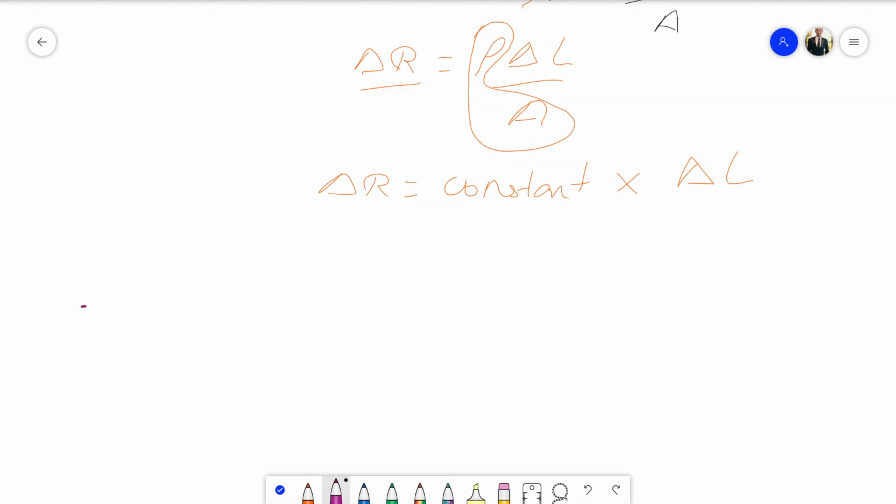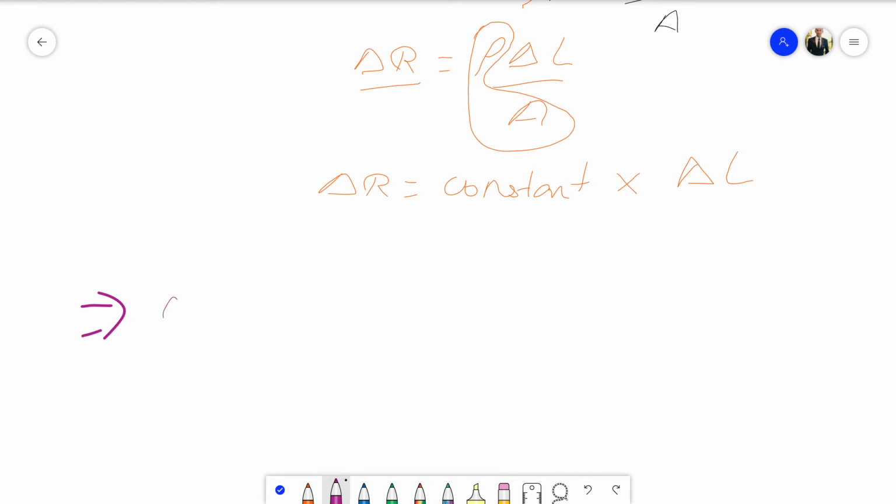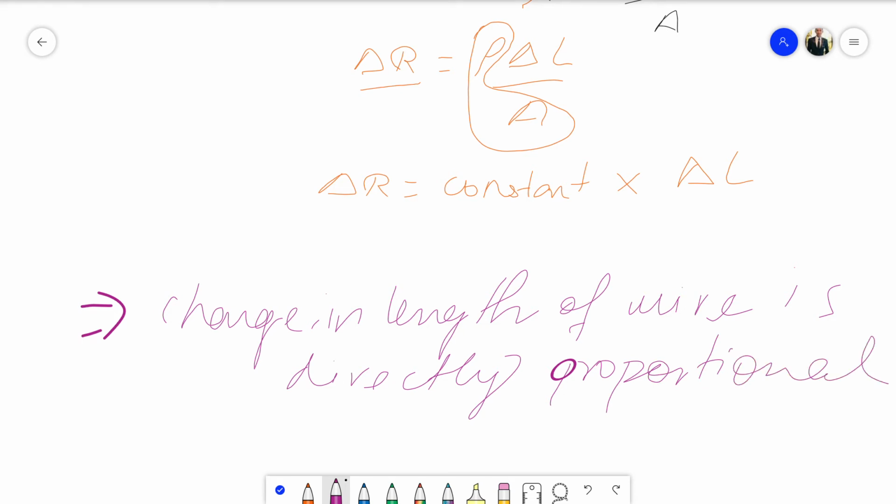Then I have one conclusion, and that conclusion is very interesting: the change in length of the wire is directly proportional to the change in resistance.